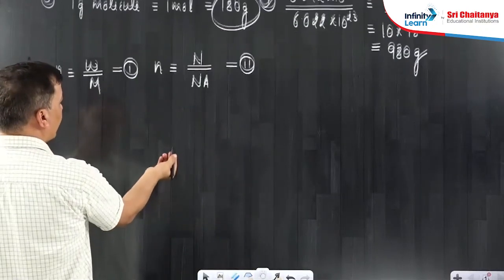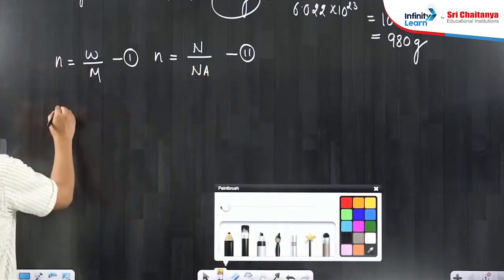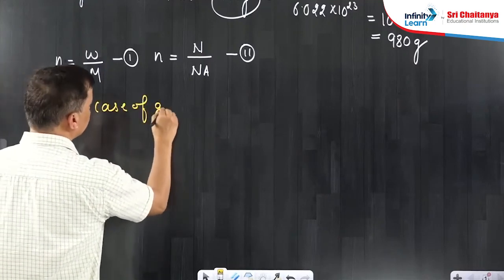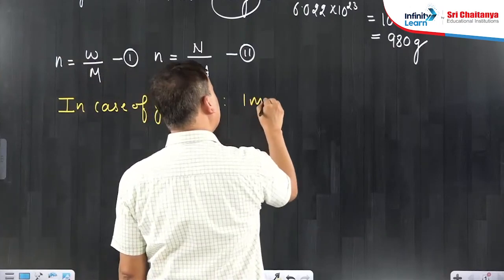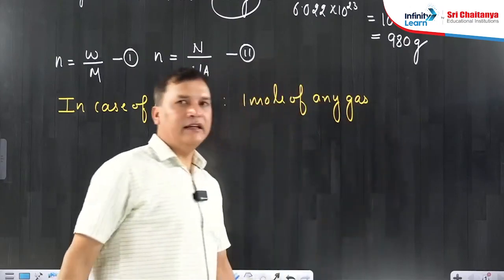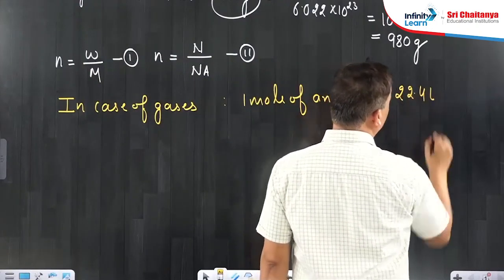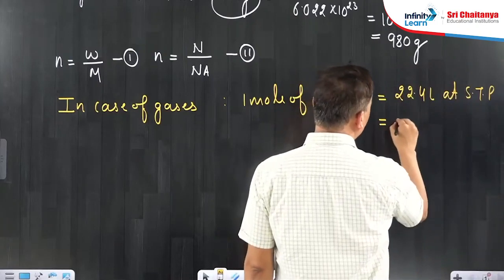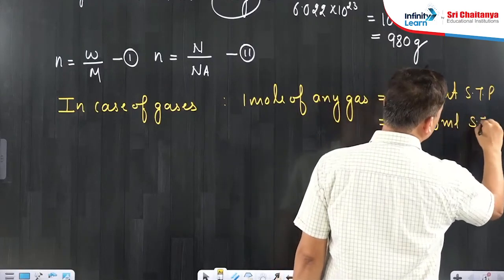Yesterday I told you, in case of gases, 1 mole of any gas is equal to 22.4 liter at STP, and that is equal to 22,400 ml at STP.